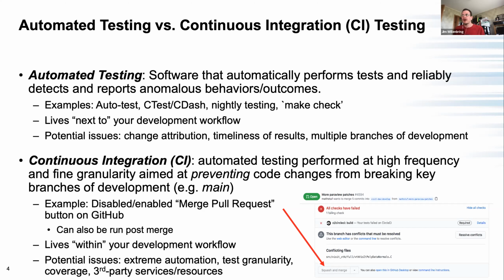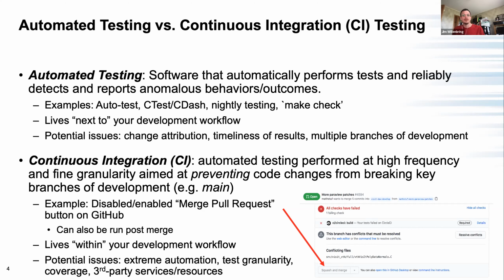So there are some potential problems with automated testing in a general sense. For example, with the nightly testing, maybe due to resource limitations or whatever, the timeliness of how long it takes for the results to run, it doesn't run with the same level of frequency and granularity.